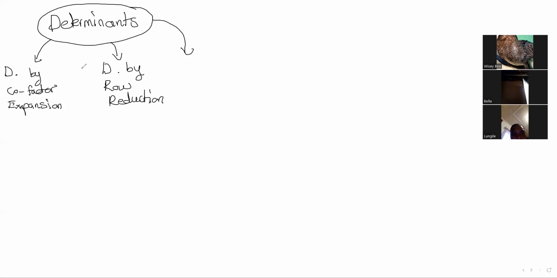Those are the 2 ways of finding a determinant. There are other techniques, but these are the 2 official ways of finding a determinant.